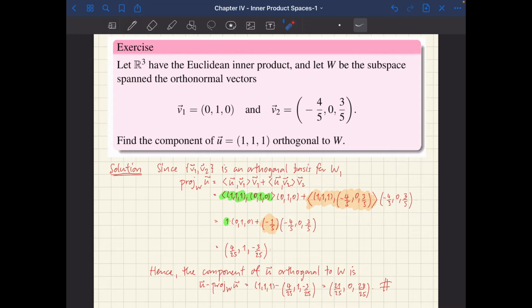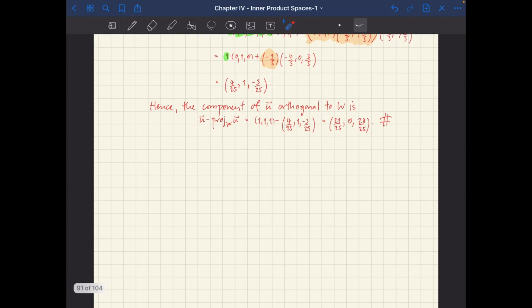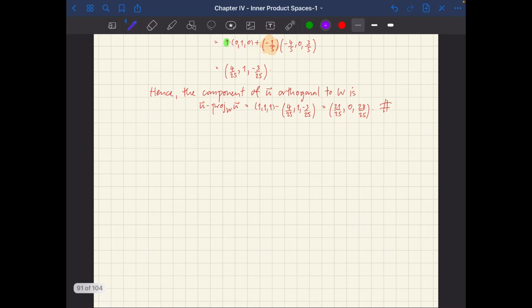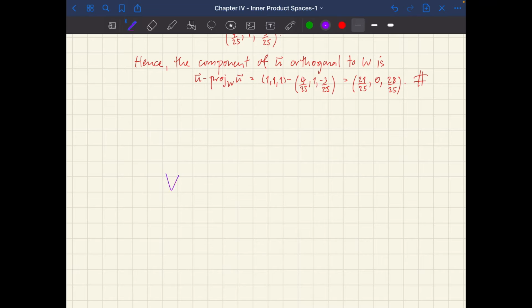So our question is, if we have a vector space V, we know that we have a basis F, but maybe this basis is not orthogonal.